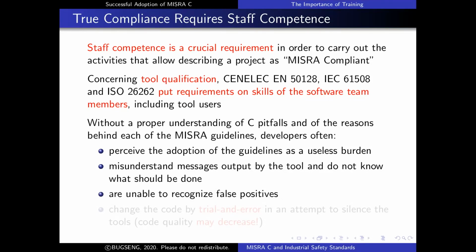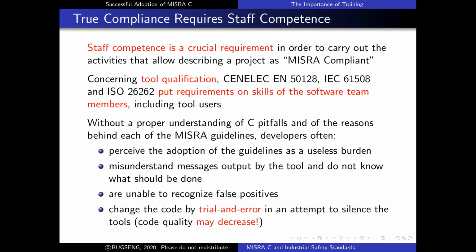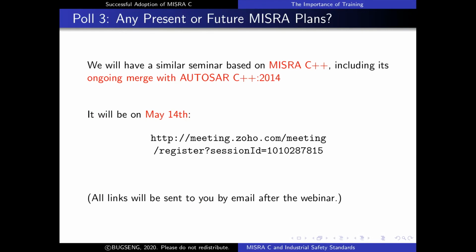They will not be able to recognize false positives unless they have received proper training. And in the worst case, they may engage in trial and error changing of the code in a desperate attempt to silence the tool. And this will typically decrease the quality of the code.